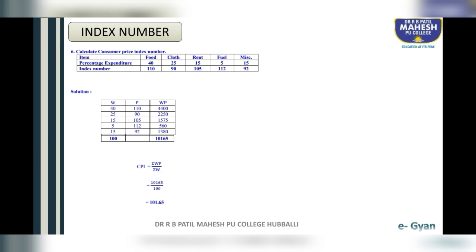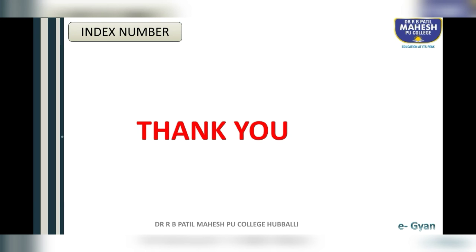Okay students, with this the index number chapter is completely completed. In the next class I am going to discuss the third chapter, that is time series. Thank you students.